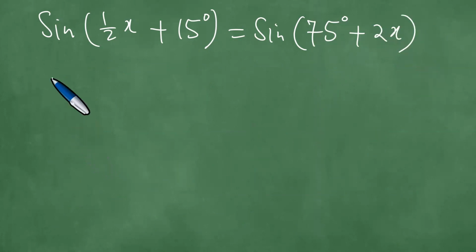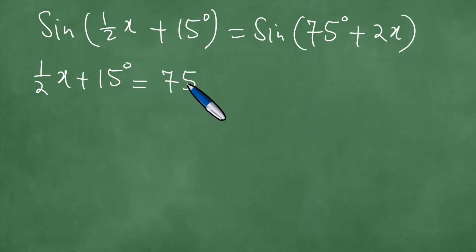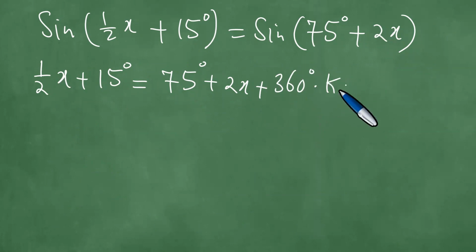Obviously what this gives us is that 1/2 x plus 15 degrees is the same as 75 degrees plus twice x plus 360 degrees times k in the integers.